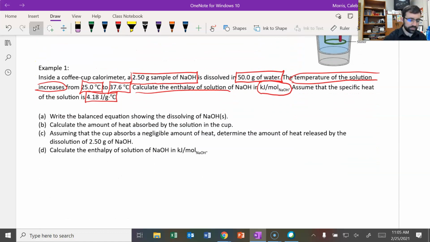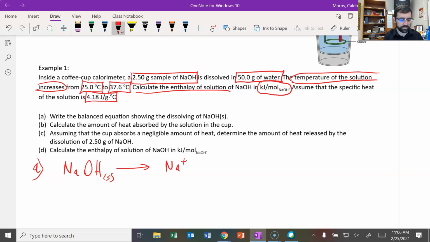Well, part A, sodium hydroxide is a strong base, so we end up with NaOH, and it dissolves. It was a solid. Now it's going to dissolve to break up into Na plus ions in aqueous solution, plus OH minus ions in aqueous solution.